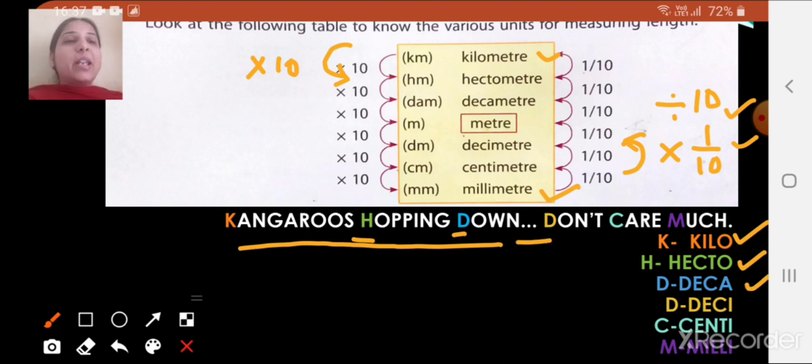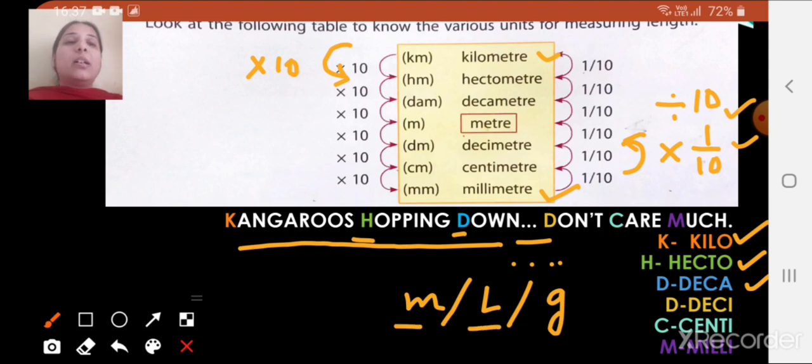Then in between here you can see 3 dots, some space is there where there will come some basic units like meter, liter or gram. Okay, M is for meter, for length, L is for liter, capacity, and G stands for gram, weight.